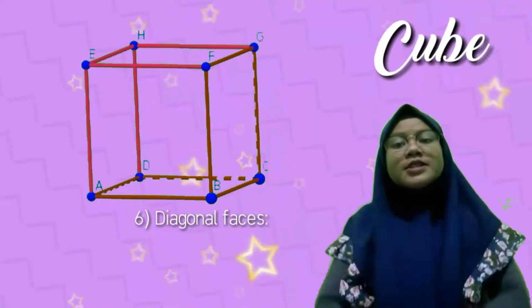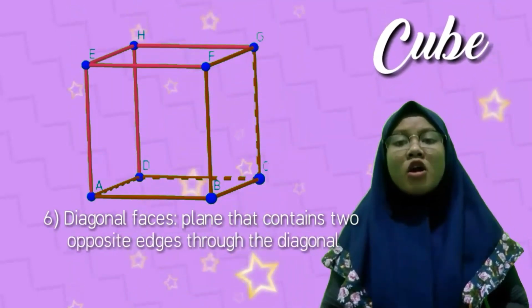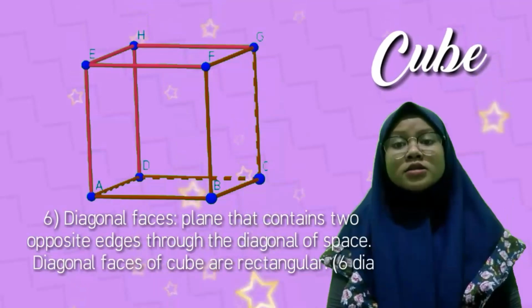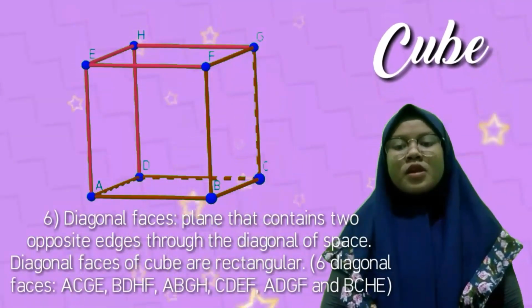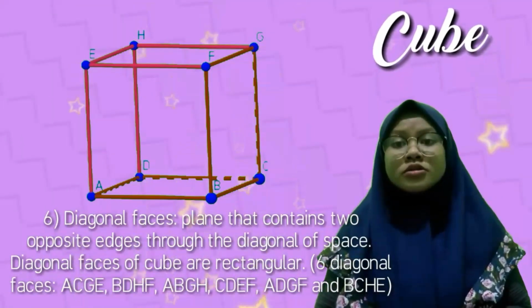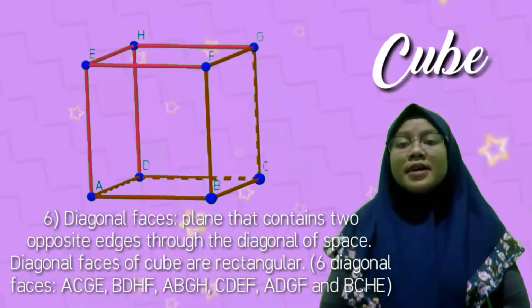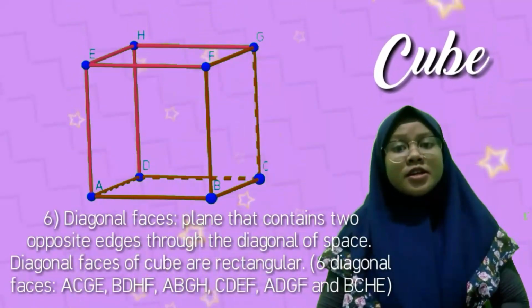The sixth is diagonal planes. A diagonal plane of a cube is a plane that contains two opposite edges in a cube, or two face diagonals. The diagonal plane of the cube is rectangular.